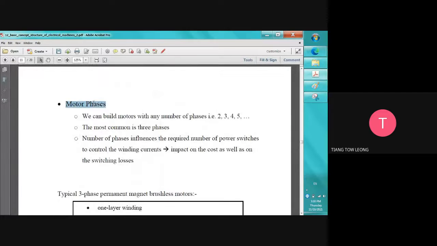Okay, what about motor phases? We can build a motor with any number of phases: 2, 3, 4, 5. For a PM machine, we can build a lot of phases. The most common is 3 phases, because in our TNB we have single phase or 3 phases. The number of phases influences the required number of power switches to control the winding current.